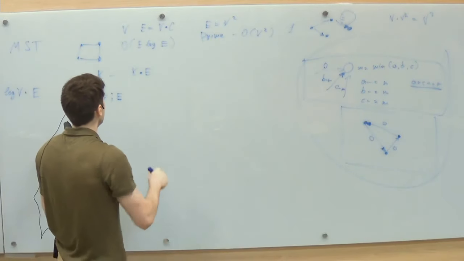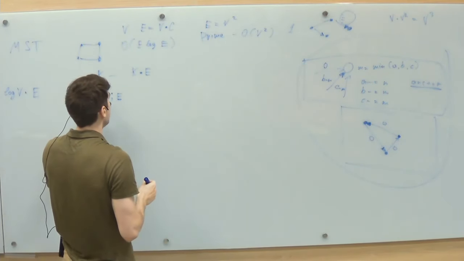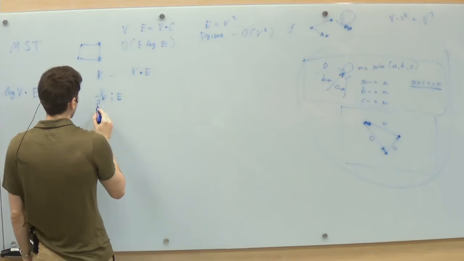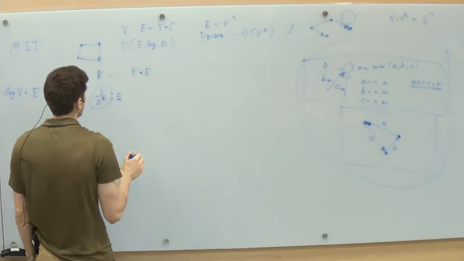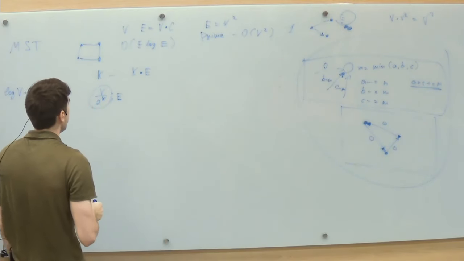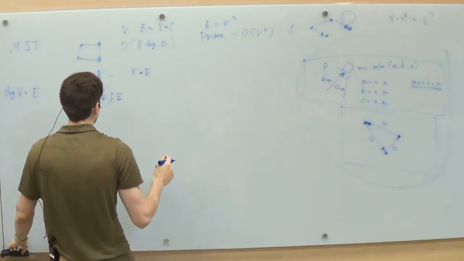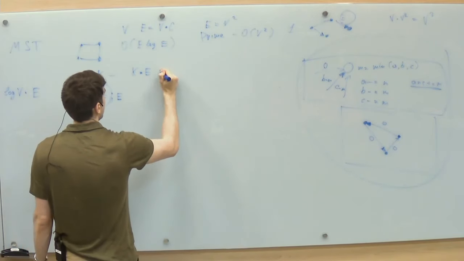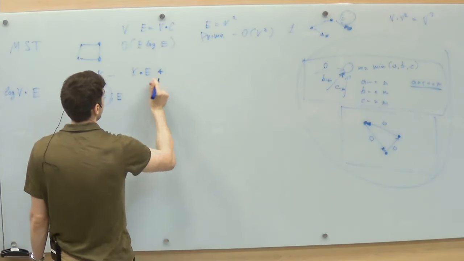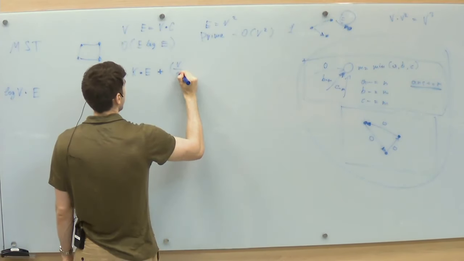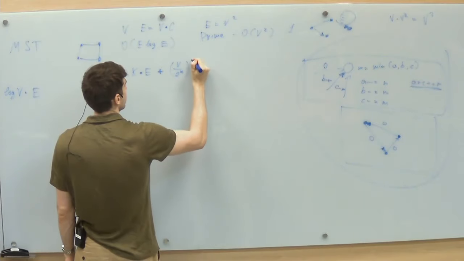So instead of Kruskal's algorithm, let's use Prim's algorithm, which works only relative to the number of vertices, which is good for us, and we decrease this number by Boruvka. So if we finish the process by Prim's algorithm, we will have V divided by 2 to the power k, squared.